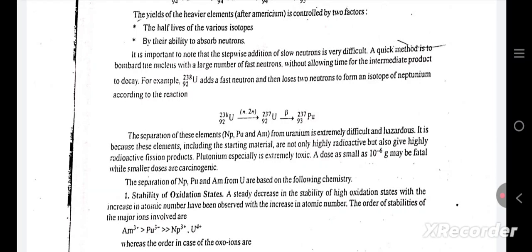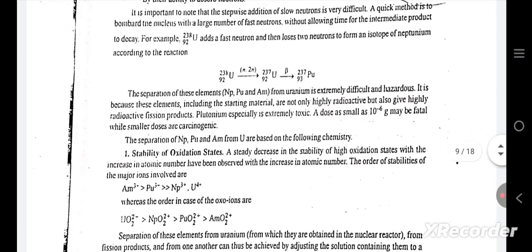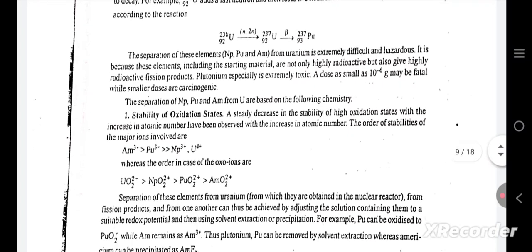It is important to note that the stepwise addition of slow neutrons is very difficult. A quick method is to bombard the nucleus with a large number of fast neutrons without allowing time for the intermediate product to decay. For example, it adds a fast neutron and then loses two neutrons to form an isotope of neptunium according to the reaction.